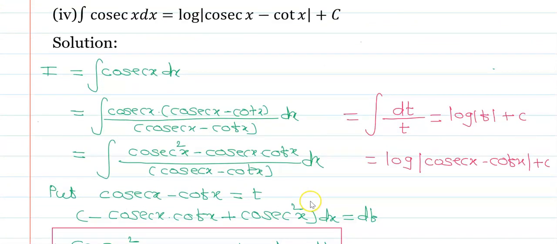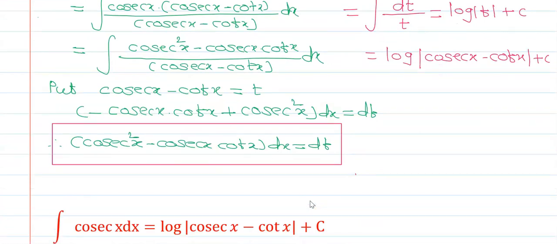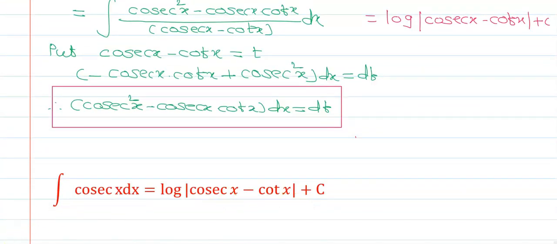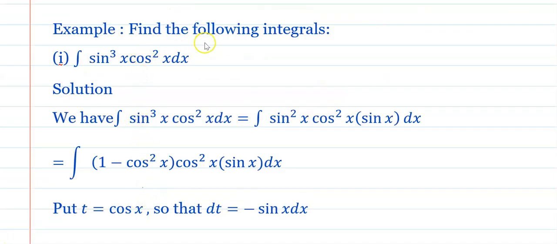You can see this again. Now the next, find the following integrals. Integral of sine cube x into cos square x dx. Okay. Now here we want to rearrange the terms. Then we will get the proper substitution.